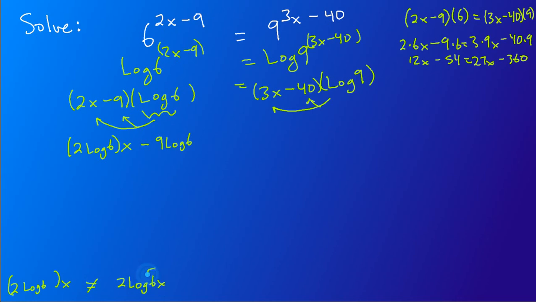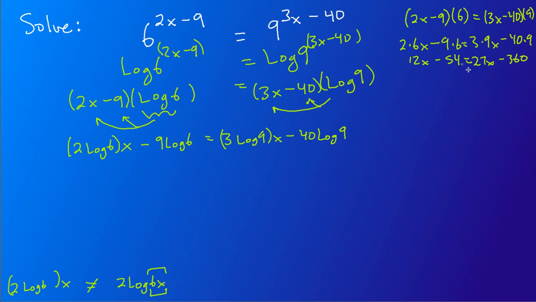In this second one, I'm logging the quantity 6x, and x is in the argument. which is completely different than what I mean over here, which is this quantity is some number multiplied times the x. All right, let's distribute this. So 3 log 9 x minus 40 log 9.